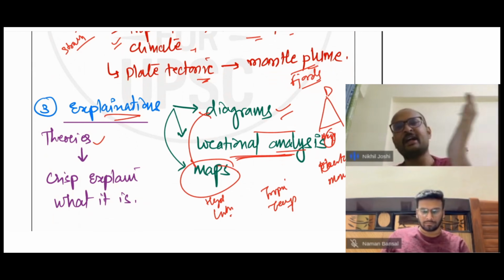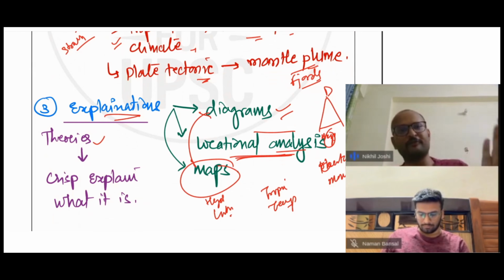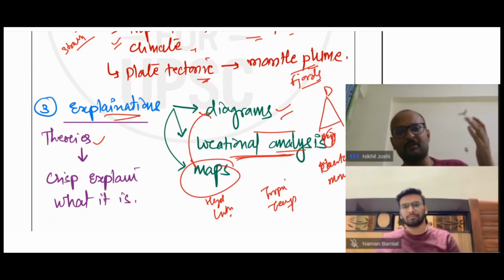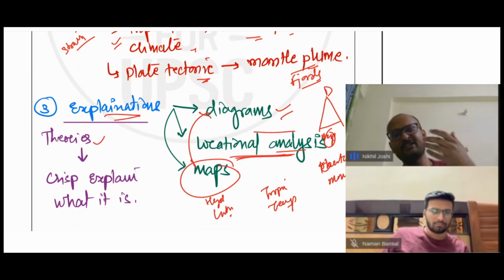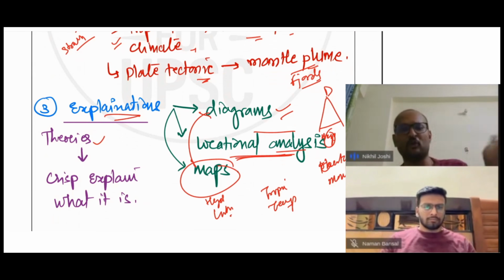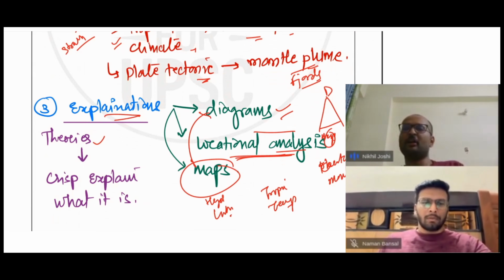And then you can explain how lithospheric plates are of two types, oceanic and continental, and then talk about interactions, how there are convergent, divergent, transform, then give examples, which is locational analysis, and so on. So you are good to go from there.